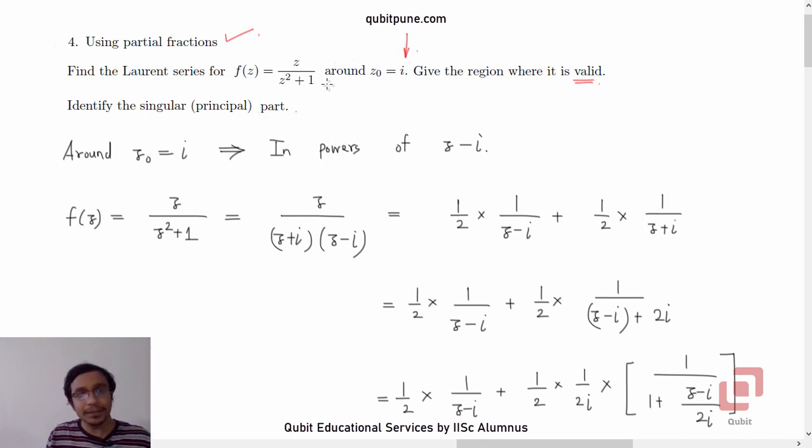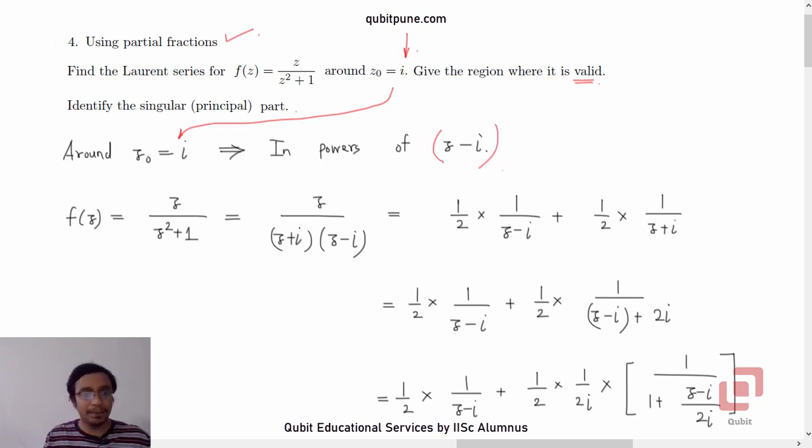Okay, so a similar problem statement, only difference is this time the center isn't 0 and the function is a different function. Okay, fine. Now first thing to be understood is if we want to expand it around z not equal to i, it implies that we must have the powers of z minus i in our expansion.